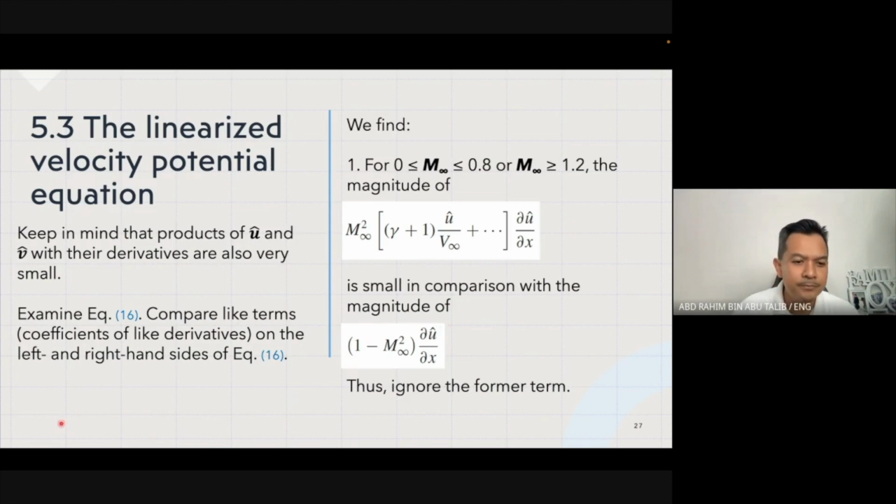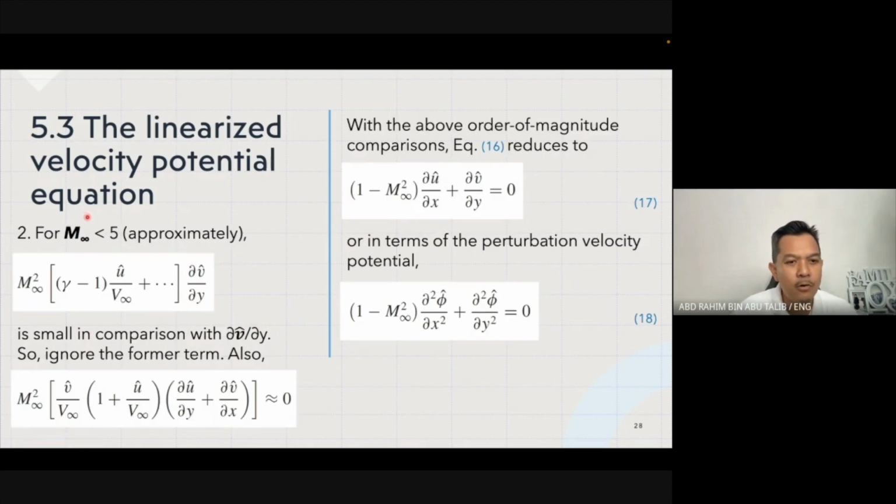To continue, for Mach number less than 5, because if it is more than 5 it is hypersonic, so we want to consider less than Mach 5, this expression is small in comparison with the changes of the velocity perturbation v in the y direction, so we can ignore the former term as well.